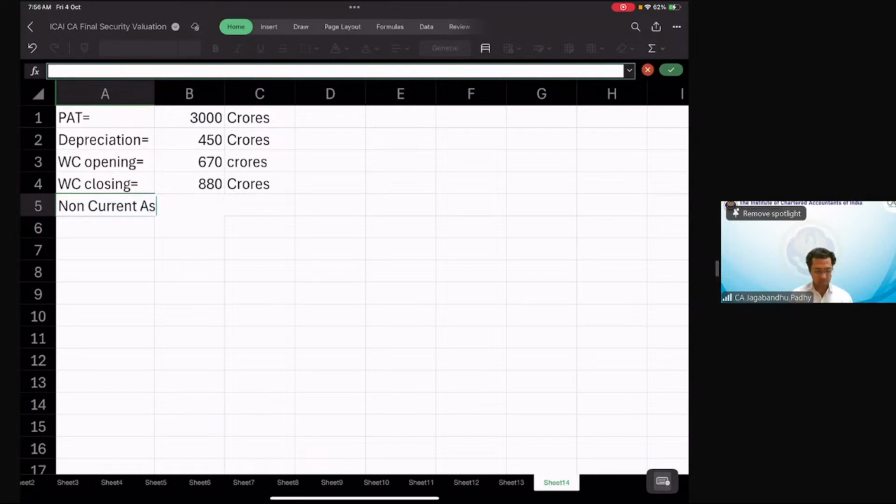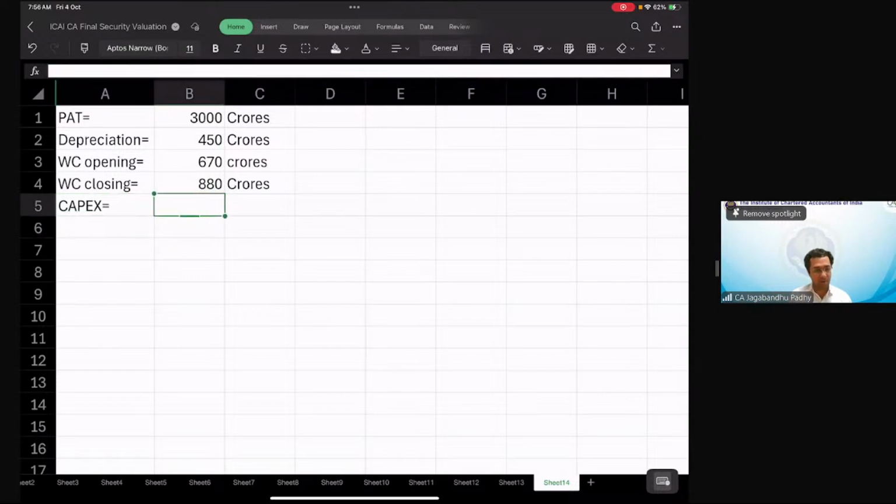Then capex, capital expenditure, of 150 crores.